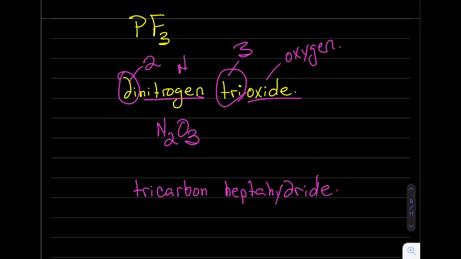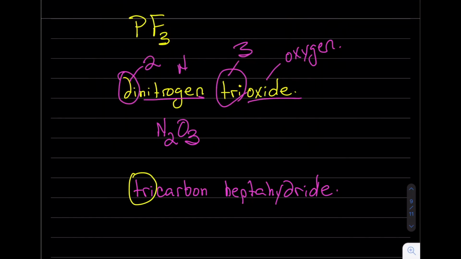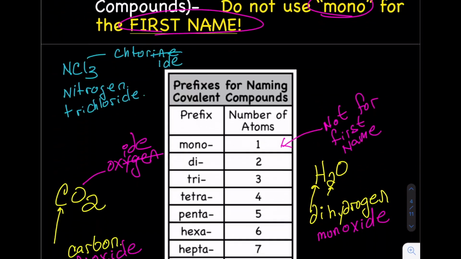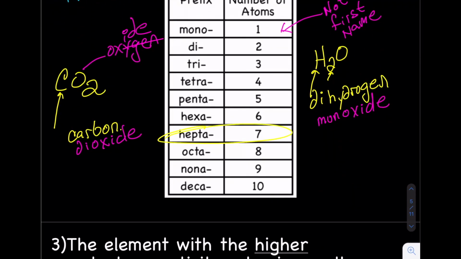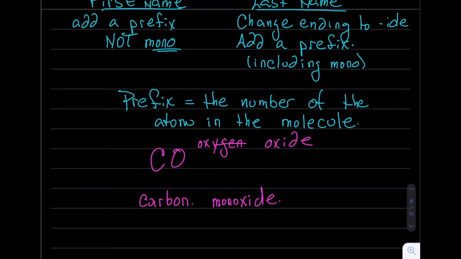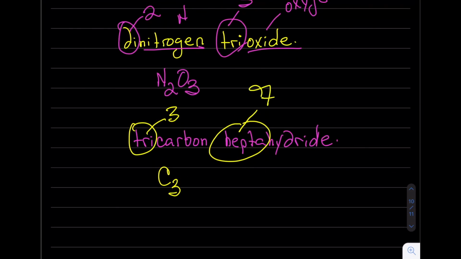Okay, tricarbon heptahydride. Okay, tri, we've used this one, is 3, and then we have carbon. So carbon 3. Hepta, oh, goodness, we haven't used hepta yet. Let's go figure out what hepta is. Hepta is 7. So we have 7 of this thing. Hydride. Well, that would be hydrogen.